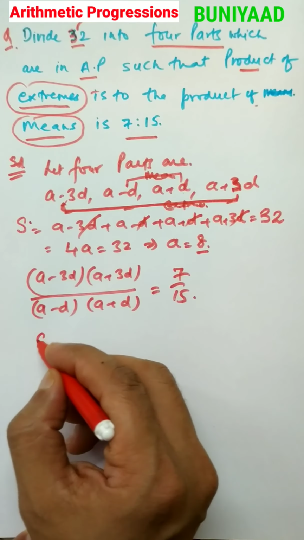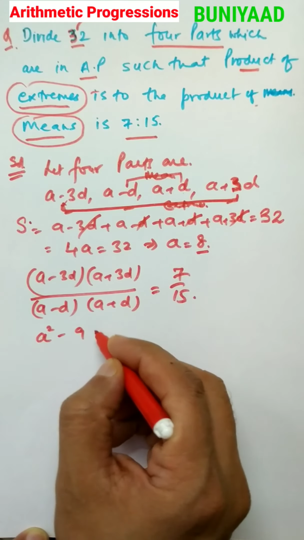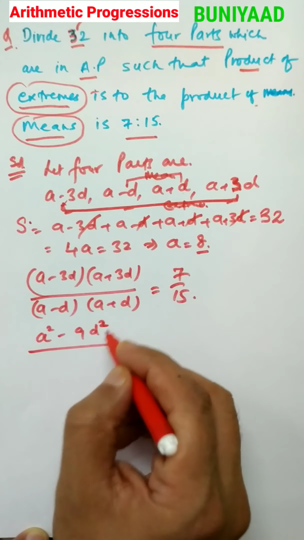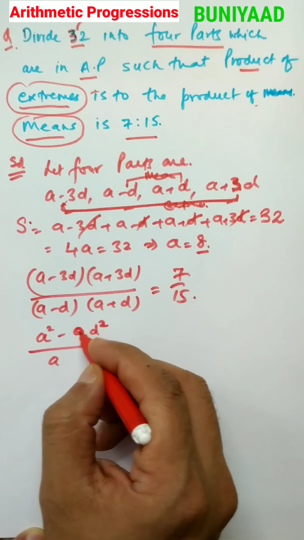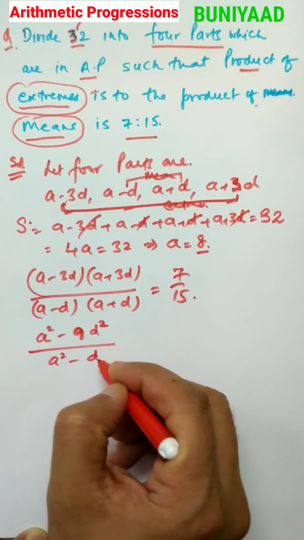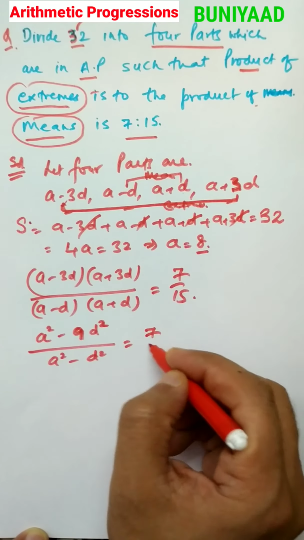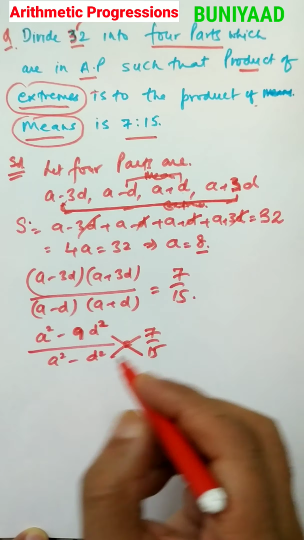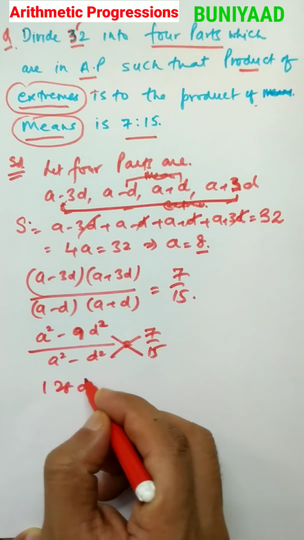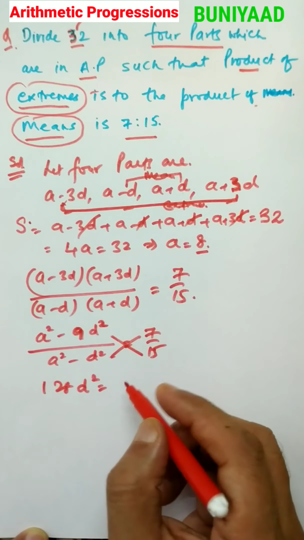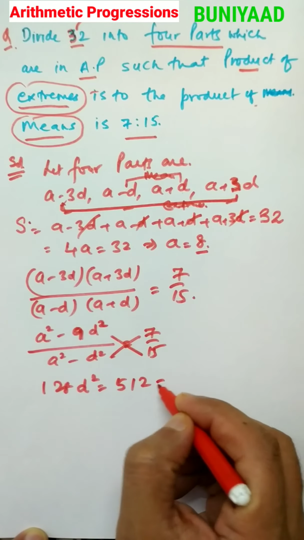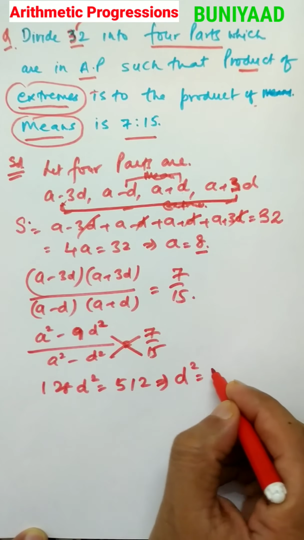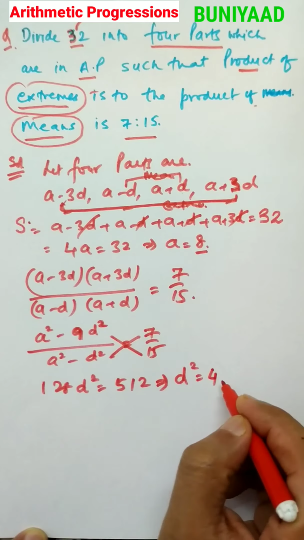Now on simplification, a square minus 9d square upon a square minus d square equals 7:15. You will cross multiply it, you will simplify it. On simplification it gives you 128 d square equals 512. So d square is 4.